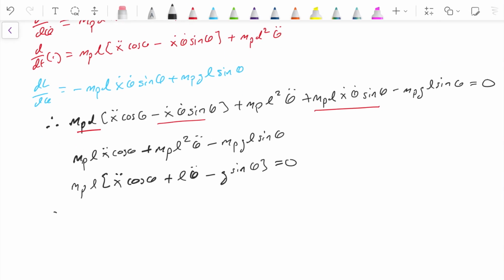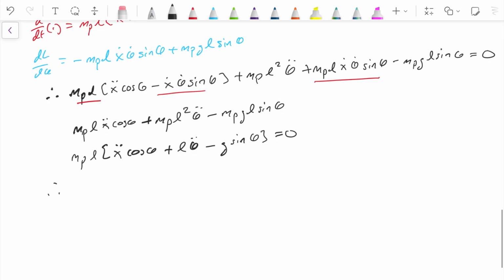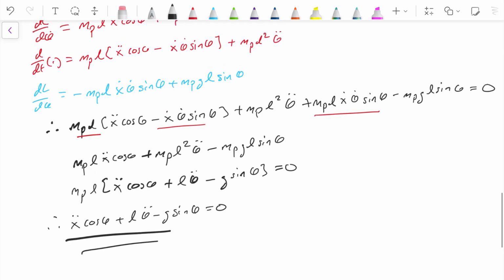And so finally, we have x double dot cosine theta plus L theta double dot minus G sine theta is equal to 0. And that is the equation of motion for theta.